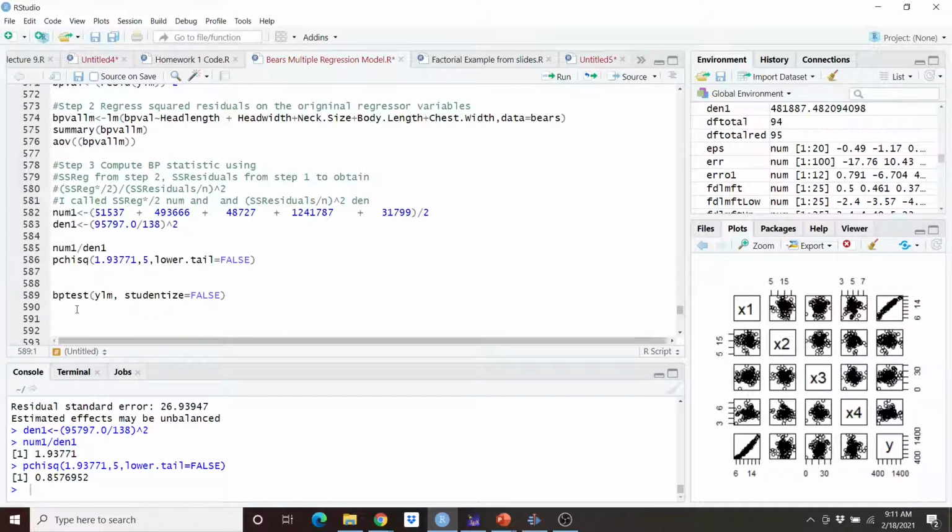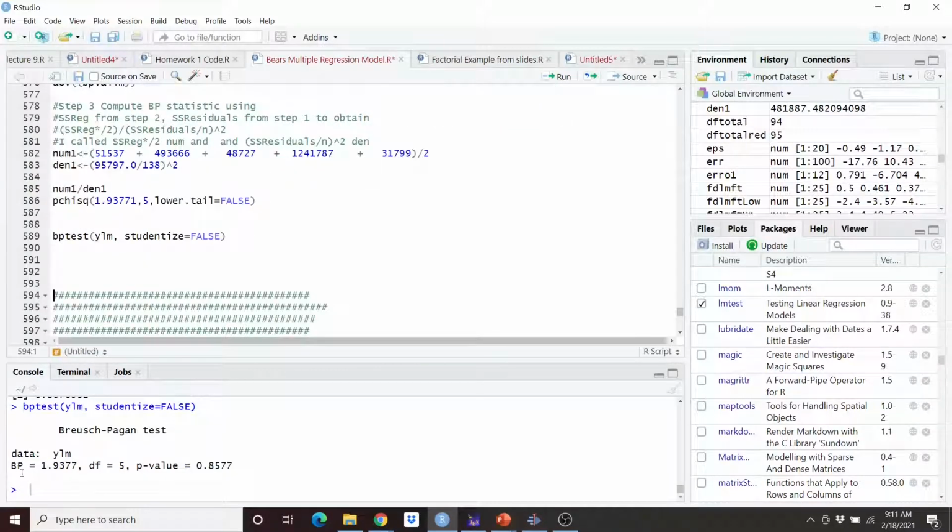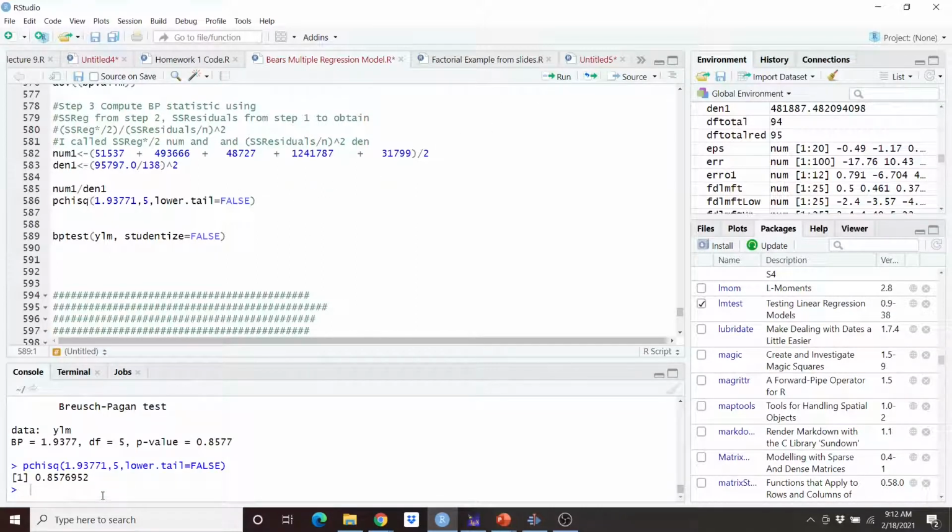But there's an easier way to do this. Now, this would imply that I need to load the lmtest package, and then I could use bptest with ylm, and notice I've included studentize equals false. When I run this, I get a Breusch-Pagan value of 1.9377, 5 degrees of freedom, a p-value of 0.8577, which is essentially what we got when we calculated this by hand.